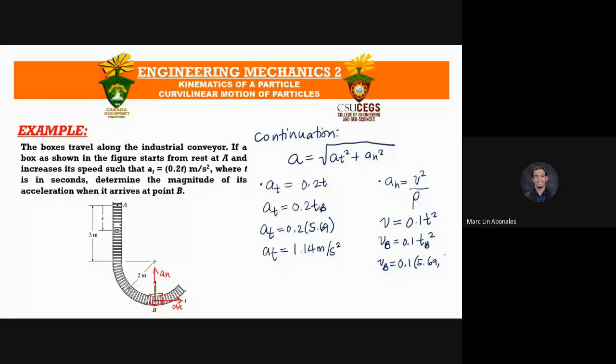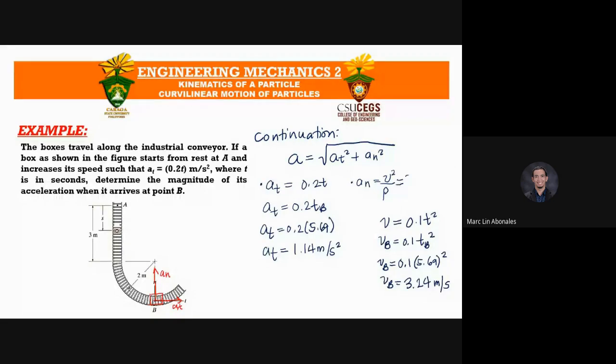What is the velocity? 3.24 meters per second. That is the velocity of the box when it reaches point B.